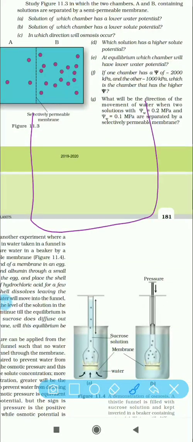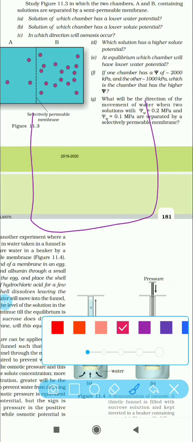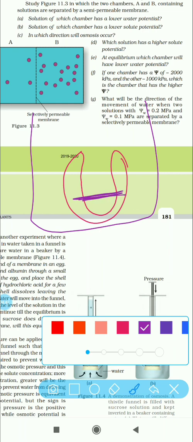Inside this beaker I am putting this potato. I have scooped out the contents of the potato, and here I have filled it with sugar solution, and I am marking the level over here. So here we have sugar solution.